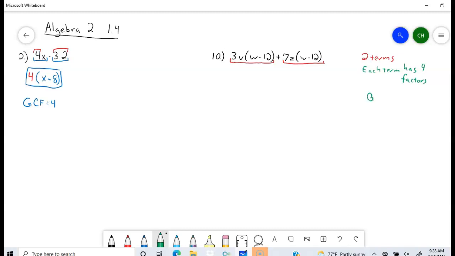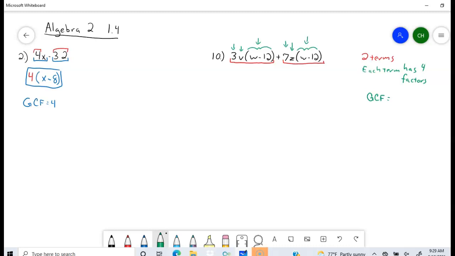So in the first term, my first factor is a 3, my second factor is a v, and my third factor is the quantity of w minus 12. In the second term, I have a factor of a 7, a z, and a quantity of w minus 12. So now I need to look and see which factors they have in common.